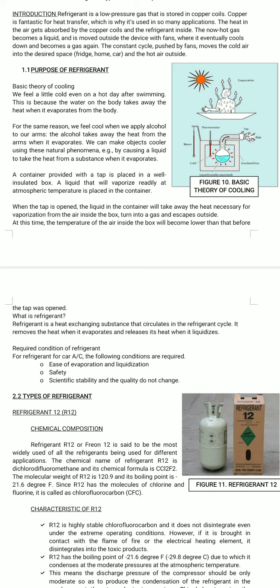A container provided with a top is placed in a well-isolated box. A liquid that will vaporize readily at atmospheric temperature is placed in the container. When the top is open, the liquid in the container will take away the heat necessary for vaporization from the air inside the box, turn into a gas and escape outside.